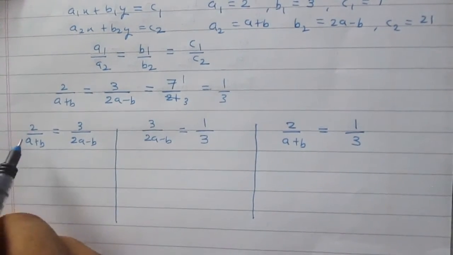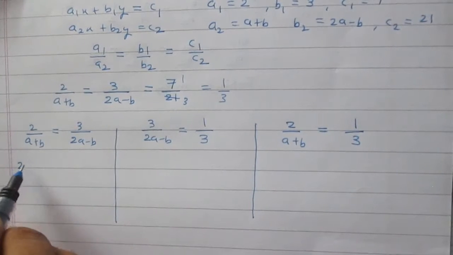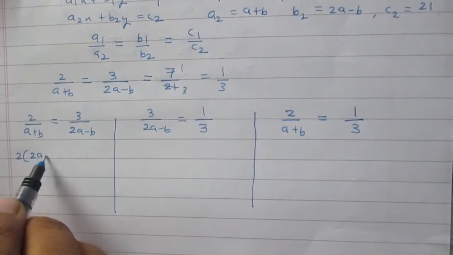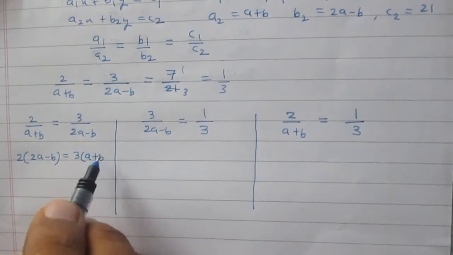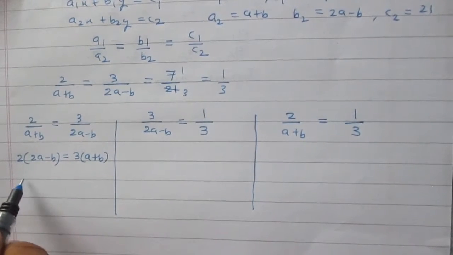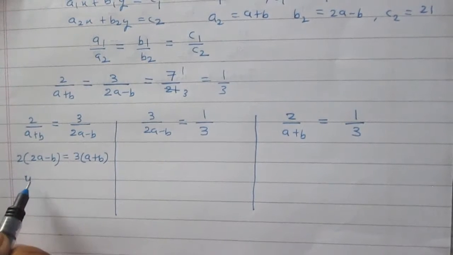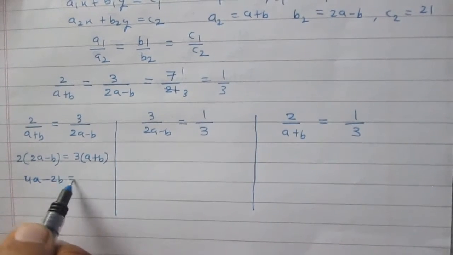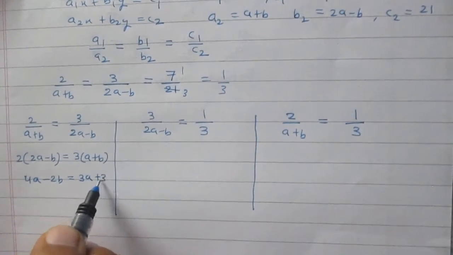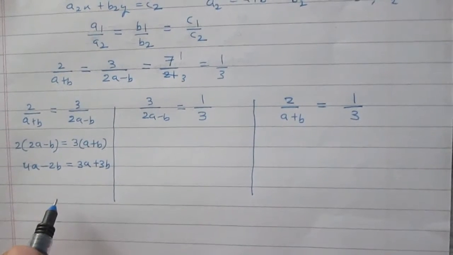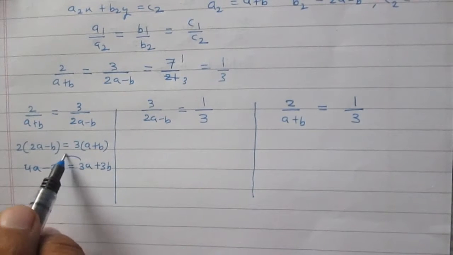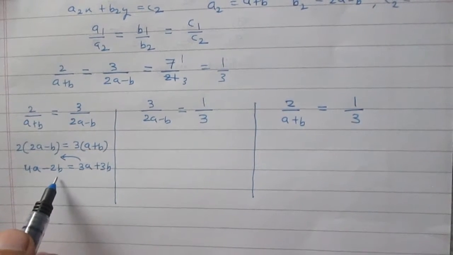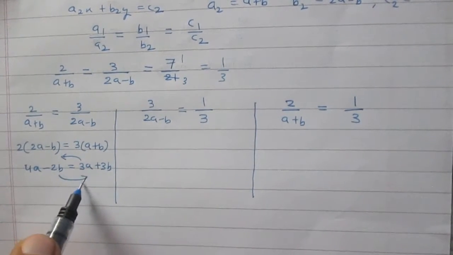In the first situation, after cross multiplying, you will get twice of 2a minus b is equal to thrice of a plus b. So it can be rewritten as 4a minus 2b is equal to 3a plus 3b. Now we can transpose the terms, 3a to the left hand side and minus 2b to the right hand side.